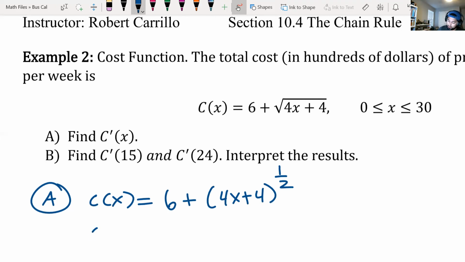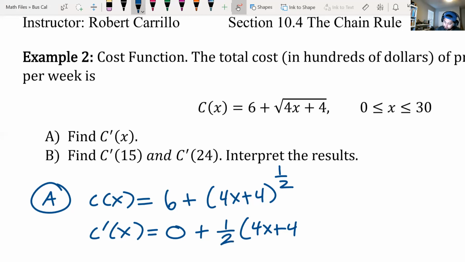So we take that derivative, and what's the derivative of 6? 0. 0 plus, and now we chain rule the derivative of (4x plus 4) to the 1/2. So we get 1/2 times (4x plus 4). You take 1 away and we get negative 1/2. And then multiply it by the derivative of the inside, which is just 4.